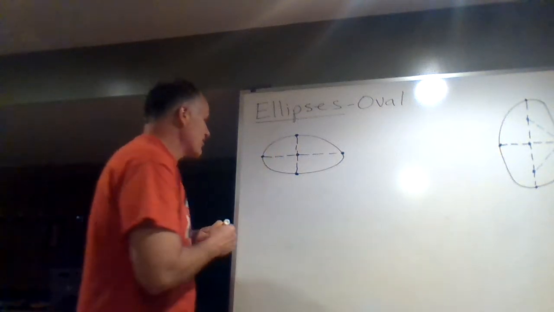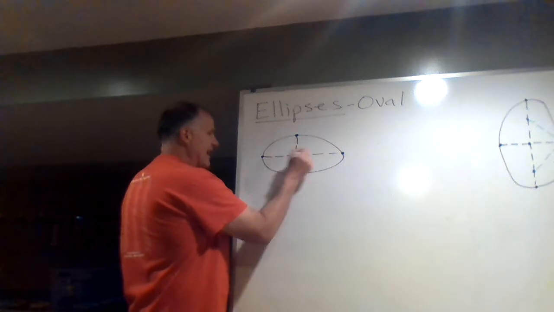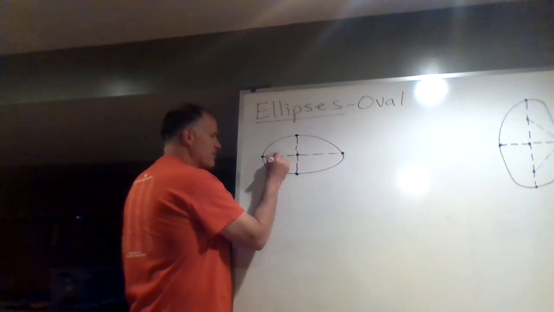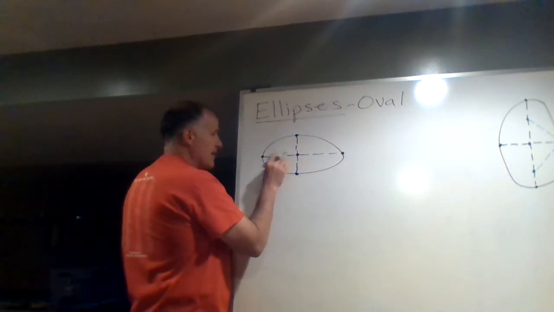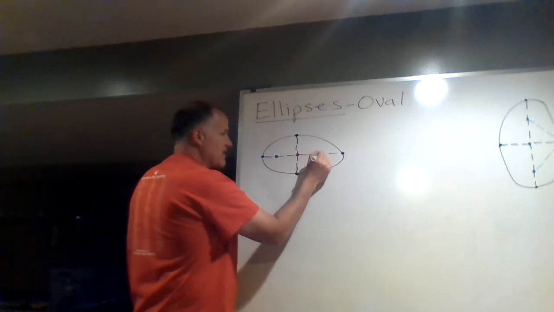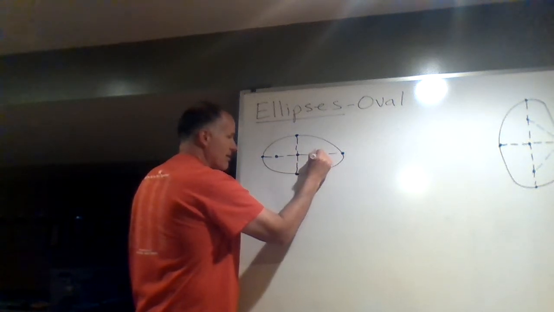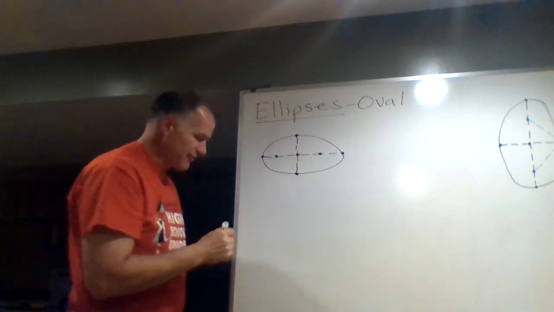It's really the same idea. There's a focal point. It's a certain distance here, but it would be right here, which means that distance from here would be the same here. Right there, that's a focal point.